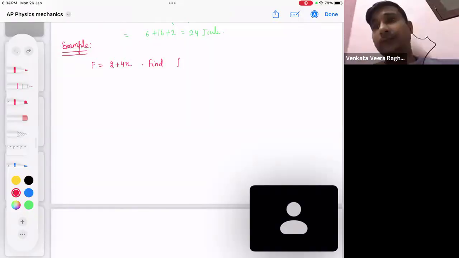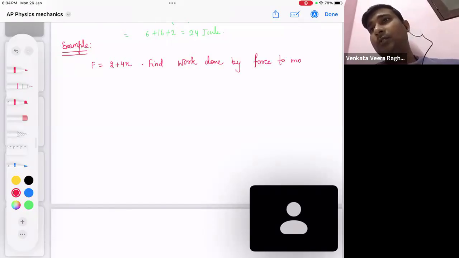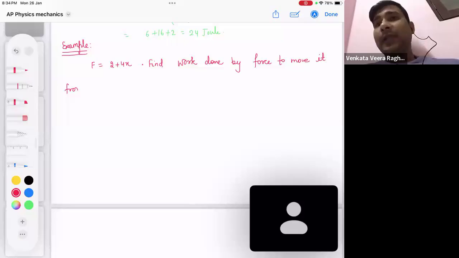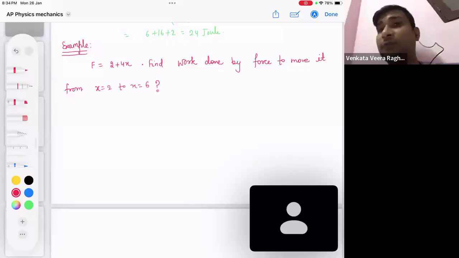Find work done by the force to move it from x equal to 2 to x equal to 6. Understood? What will be the work done by this force if the particle moved from x equal to 2 to x equal to 6?